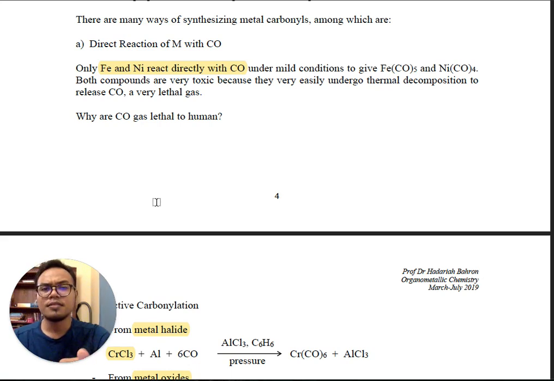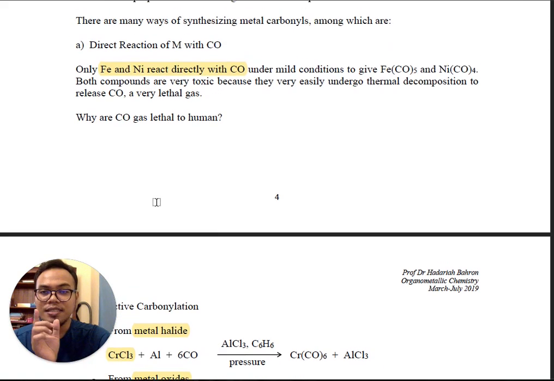Under very mild conditions, you are going to get your Fe(CO)5, we call it iron pentacarbonyl, and also Ni(CO)4, we call it nickel tetracarbonyl. Both compounds are very toxic because they can easily release carbon monoxide. So why is it dangerous? Why is it harmful? Can you tell me why CO gas is not good to humans? That's another question for you to answer.